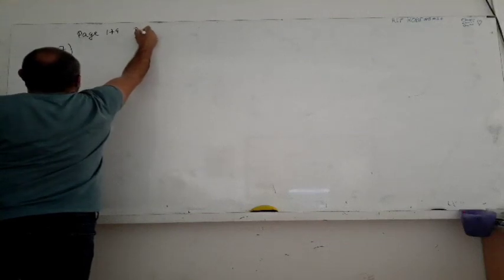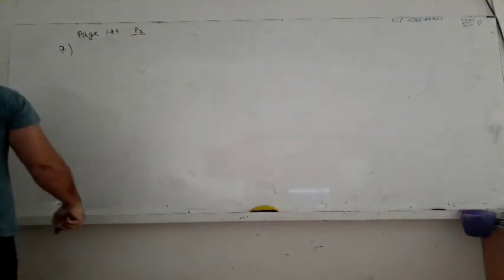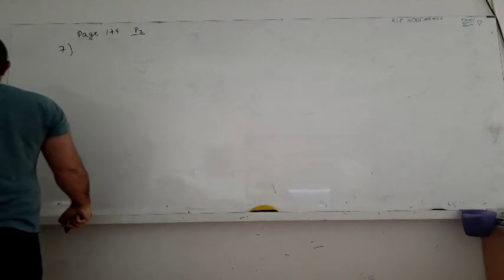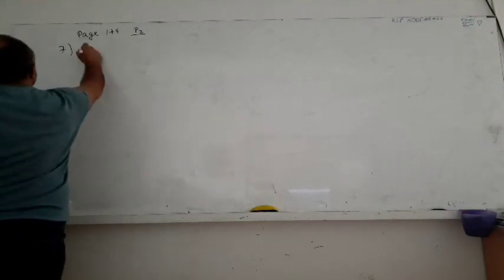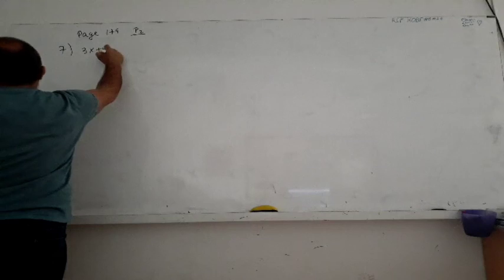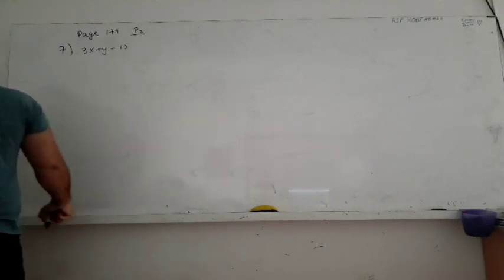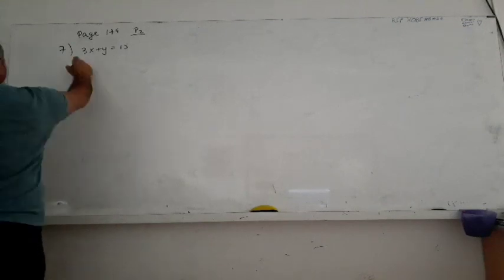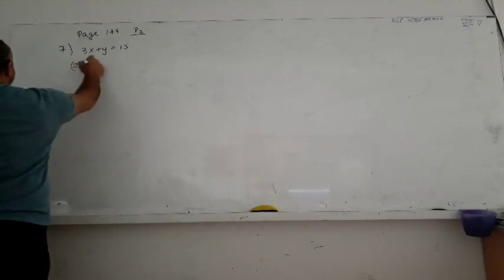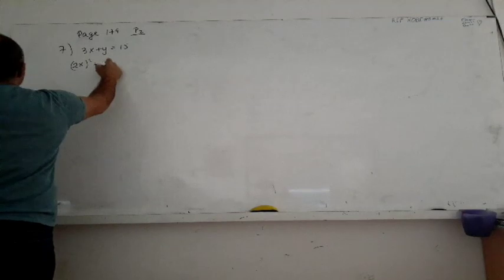Question 7. Two numbers x and y are such that 3x plus y is equal to 15, and the sum of the squares of 2x squared plus y squared is equal to s.